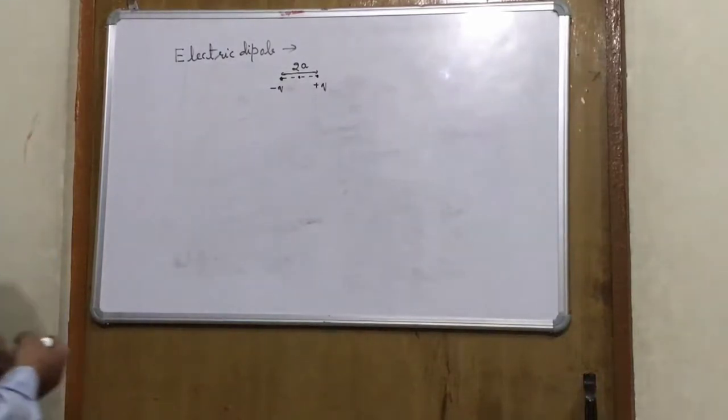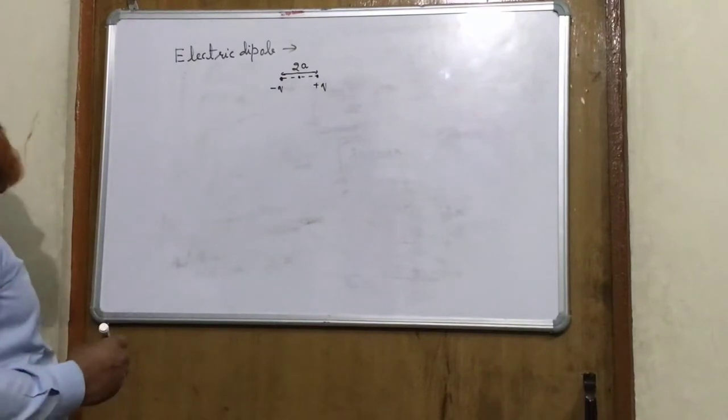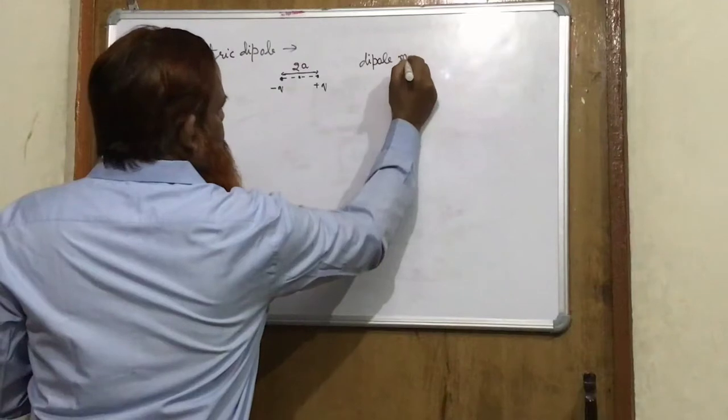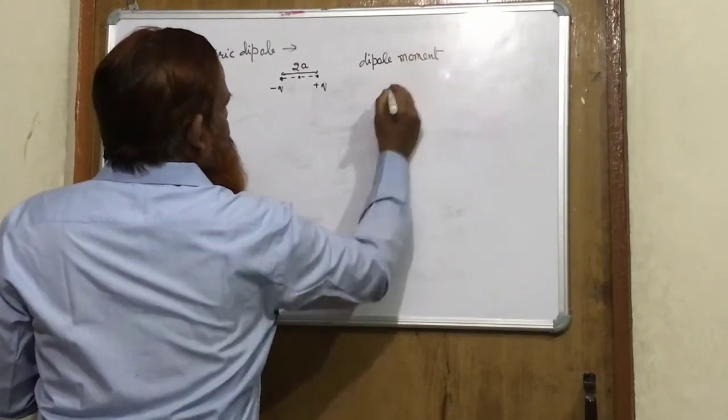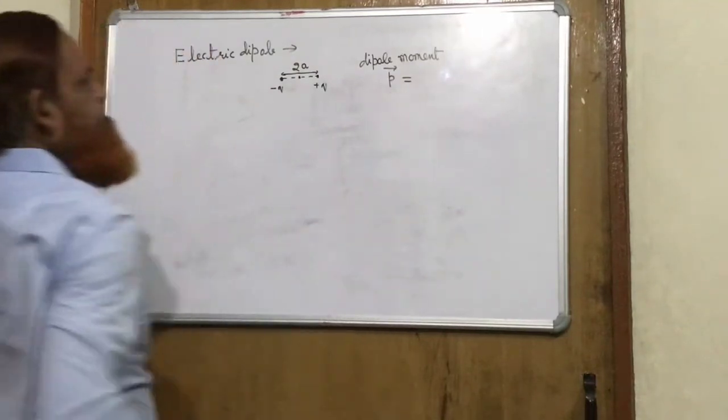To measure the strength of a dipole, there is a quantity called dipole moment. Dipole moment is denoted by P. It is a vector quantity.